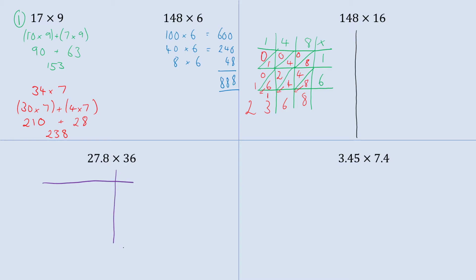Okay, so I set out my grid. We're going to write 278 for the 27.8, and then 36 going down the side. I'm just going to split this up into my grid. A little bit wonky, but it doesn't matter. What matters is we've got all of the bits there. Put in my diagonals.